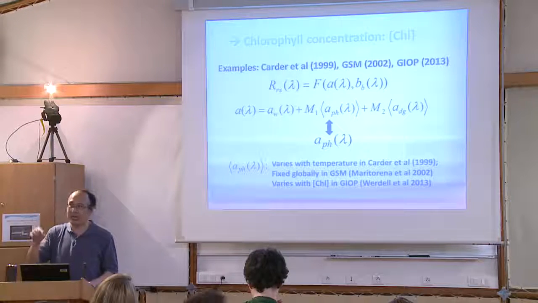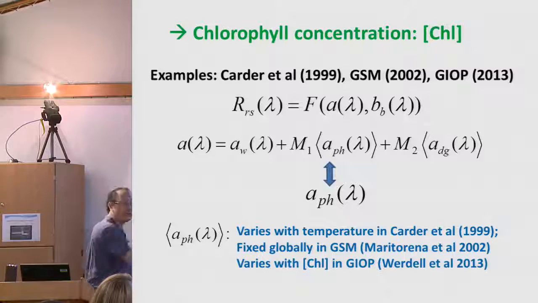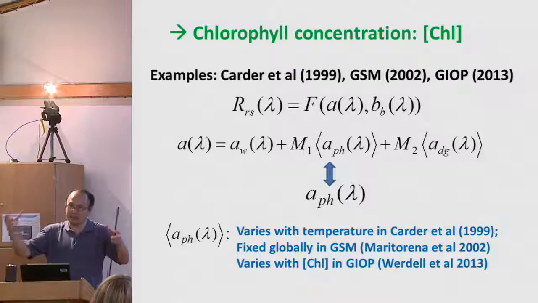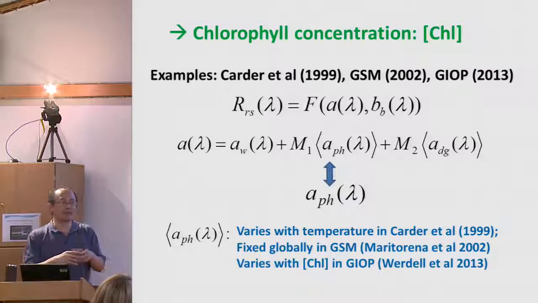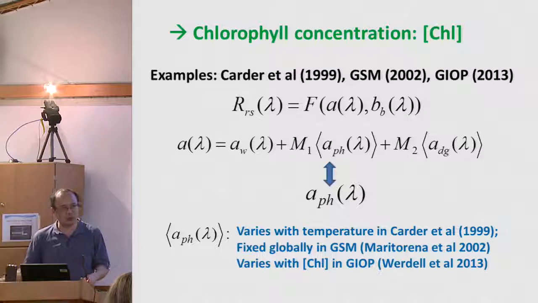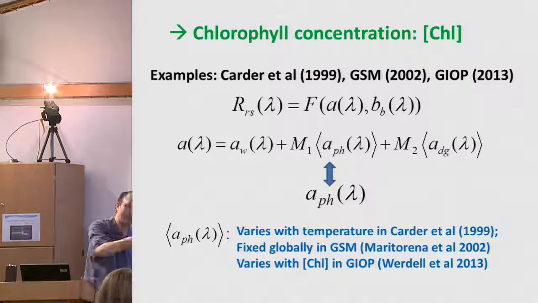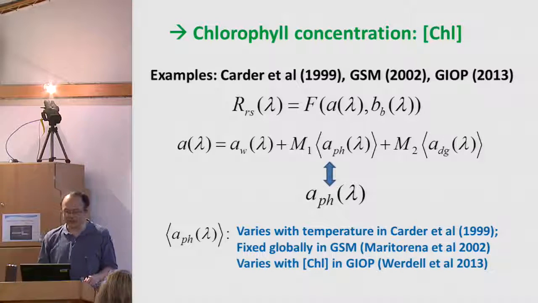What is really derived in those algorithms are actually the IOPs, the absorption coefficient. It's described as if we are not deriving IOPs, we are deriving chlorophyll. But in essence, what is derived is IOPs. But then from the aph(lambda), we get to the chlorophyll a concentration.